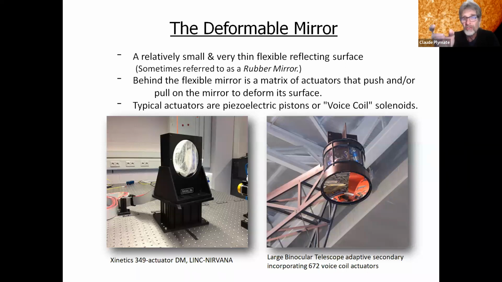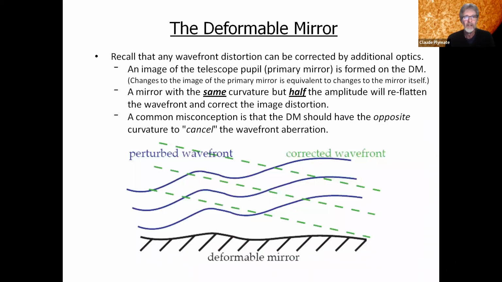But such things as this can be had relatively inexpensively. These are a few $1,000s as opposed to hundreds of thousands of dollars. Now, recall what I said before, that any arbitrary wavefront distortion can be corrected with additional optics.